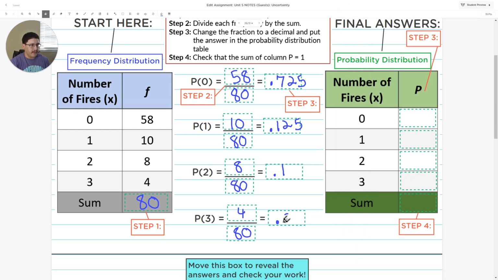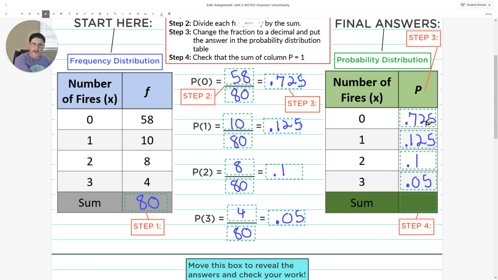But there it is. So now I'm going to take each one of these and apply them to the probability distribution table. 0 is 0.725. 1 is 0.125. 2 is 0.1. 3 is 0.05. So again, the probability distribution table reads, what's the probability that the firefighters will have to deal with 0 fires?